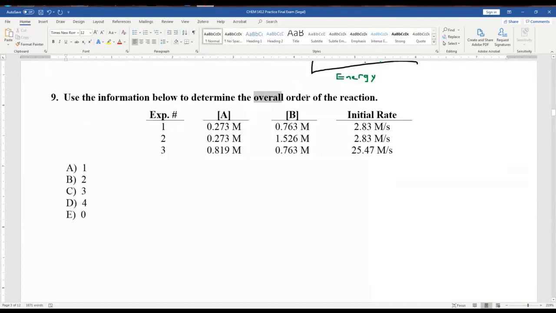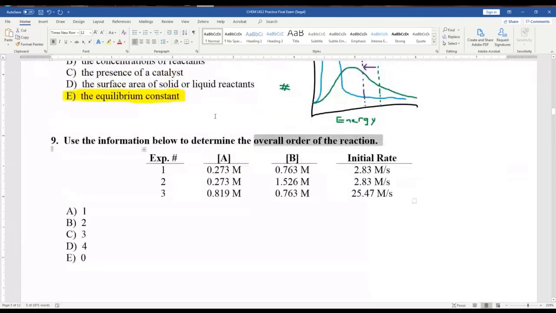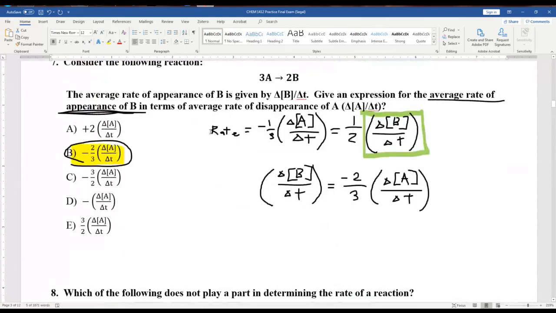So I need to determine the overall order of reaction. We've already dealt with the rate of reaction in terms of change over time. This is actually a measure of the average rate of reaction.